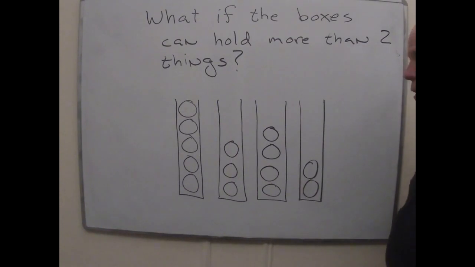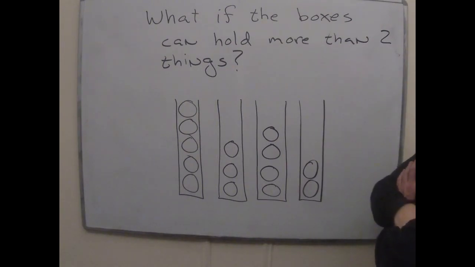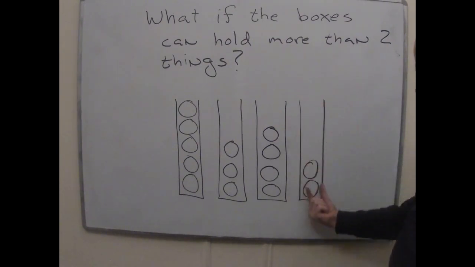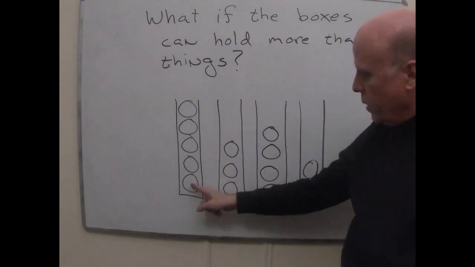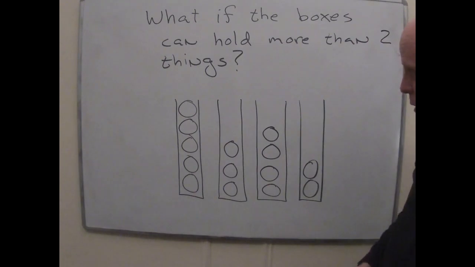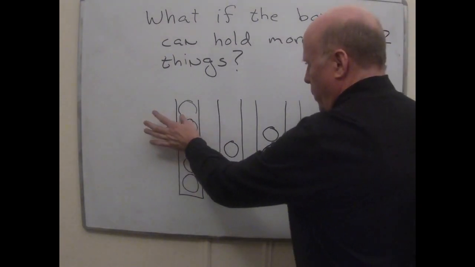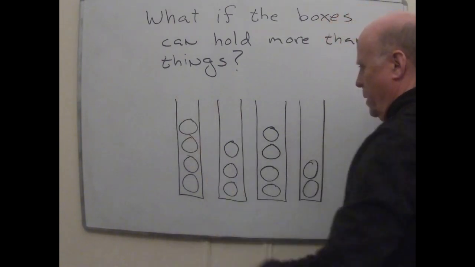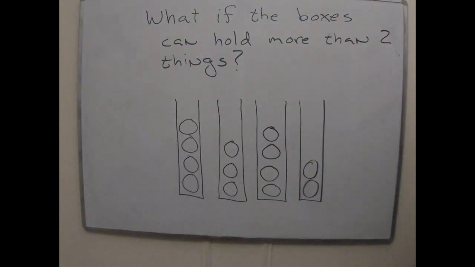There's a nice generalization of the pigeonhole principle that comes about by thinking about this issue. What if the boxes you're looking at could hold more than just 2, right? The pigeonholes are big enough that you might have 5 pigeons in one hole. In fact, that's the scenario I've drawn. Each of these containers is capable of holding 5 objects. I want them to not be all the way full.